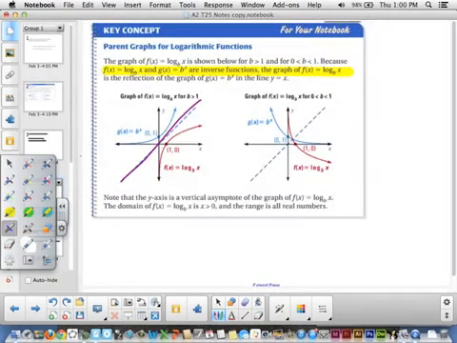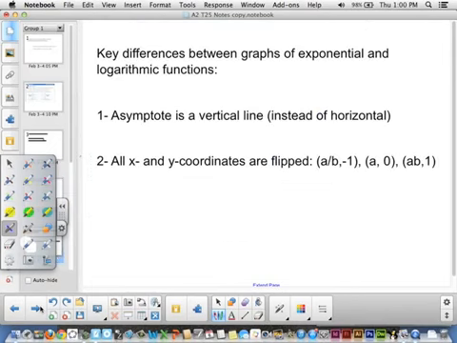Right? And if we have a value of b that's negative, it's the same thing. Instead of exponential decay, we're going to have a log that reflects down like that. So some key differences for logs.